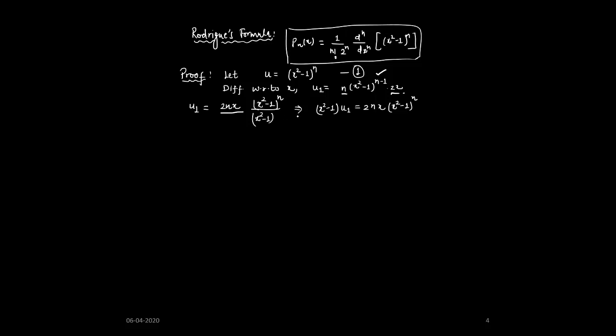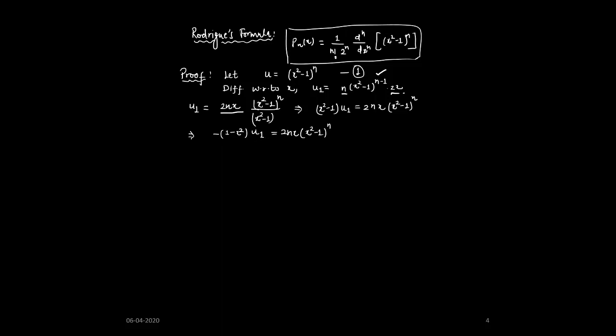I have multiplied the whole equation by (x square minus 1). So we get (x square minus 1) u1, and on the right hand side we get 2nx (x square minus 1) raised to power n, right? And (x square minus 1) raised to power n is u from equation 1.